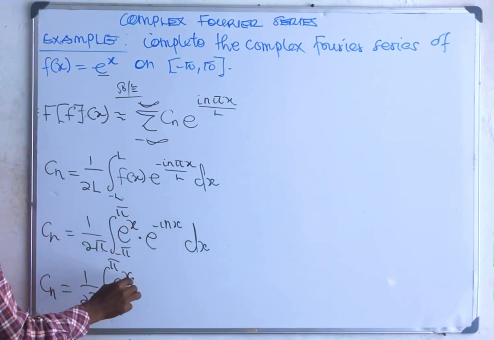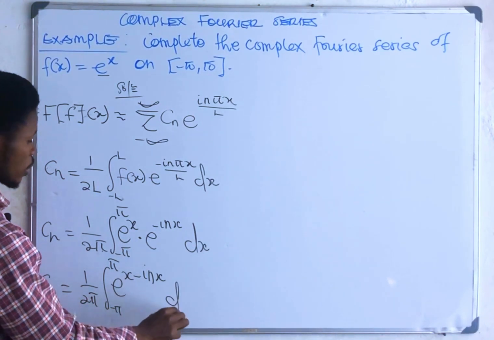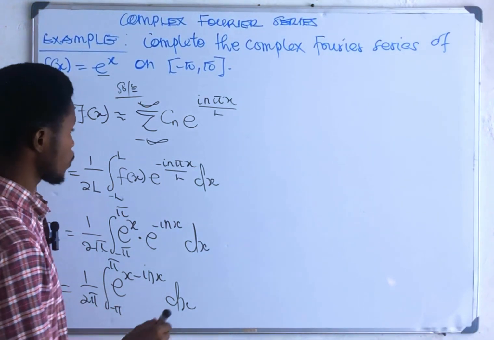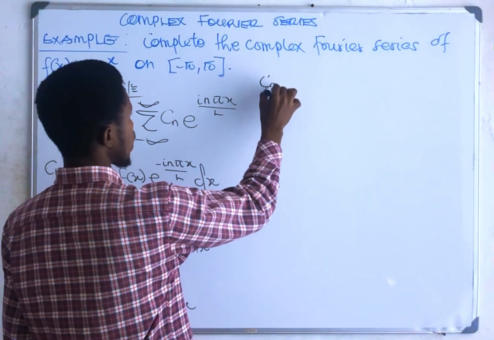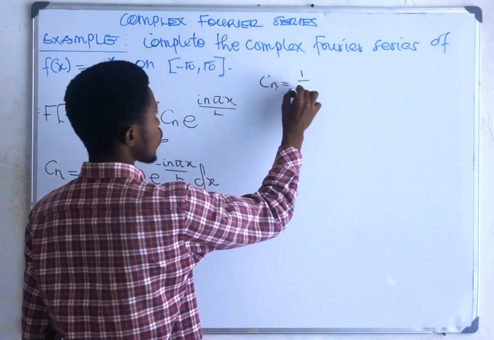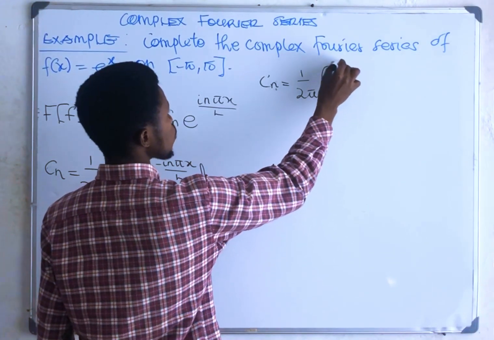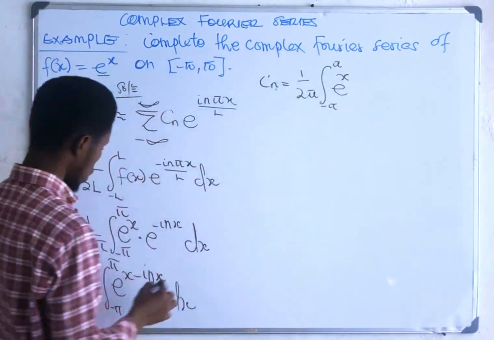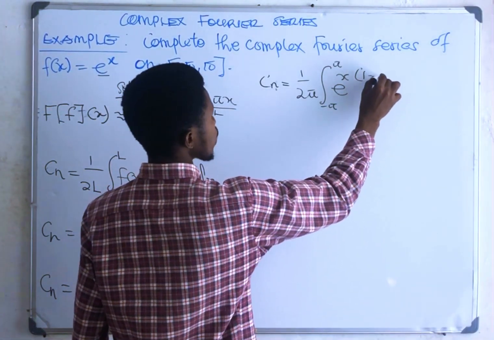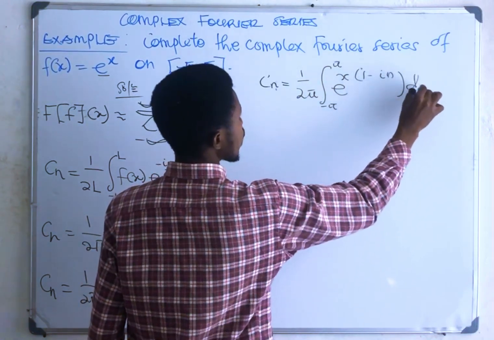When you add this, that will be x minus i n x dx, right? x is common, so I can factorize it out. So what this means is that my Cn will be equal to 1 over 2 pi, integral of negative pi to pi, e to the power x. See, here I'm factorizing x out. So I'll have 1 minus i n dx.